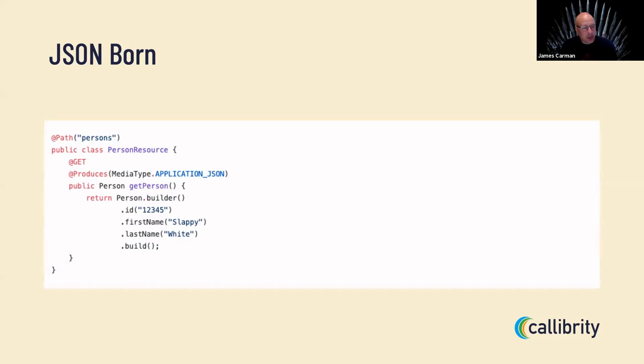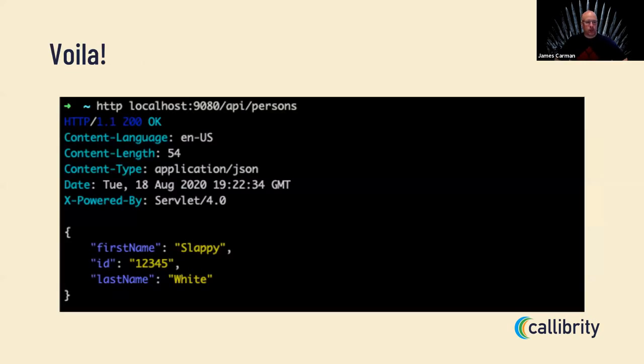But anyway, we're returning a person object from our method, with media type application JSON. That's kind of the web speaks this JSON thing, right? So we're instantiating it, using the builder as we talked about before, populating the fields, and we return the person as application JSON, and boom, we're going to check to see if it works. We get a 200 OK, an application JSON response type, and we got all the fields that we set.